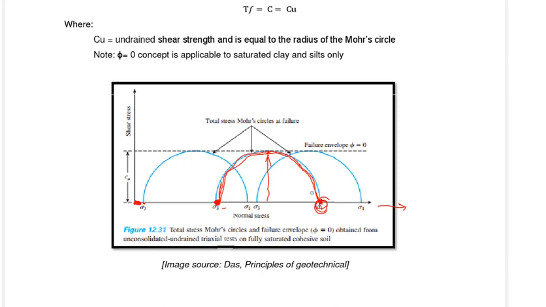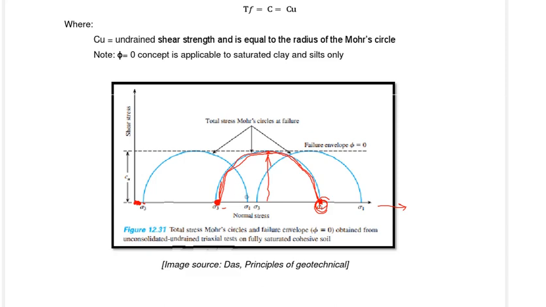So, we have here again the sigma 1. So, because the drainage valve was closed during our consolidation phase, no consolidation occurred and the soil did not gain any strength during this phase. Therefore, our undrained shear stress under a confining stress is no greater than the undrained strength measured by an unconfined compression test on the same soil.